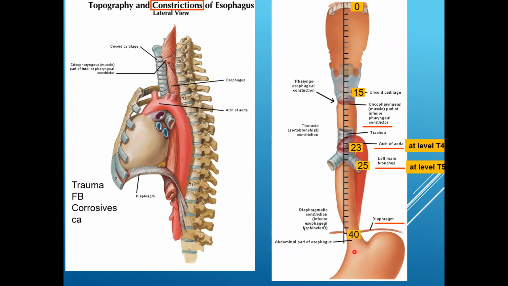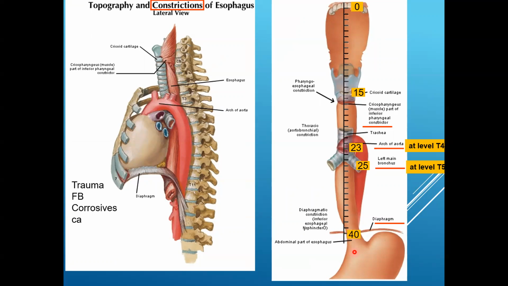Because these are the places most prone to trauma. When you ingest a foreign body accidentally, it's going to be stuck in one of these locations. If you drink a corrosive material, for example, these are the areas that will be injured the most, and these are the common sites for cancer.